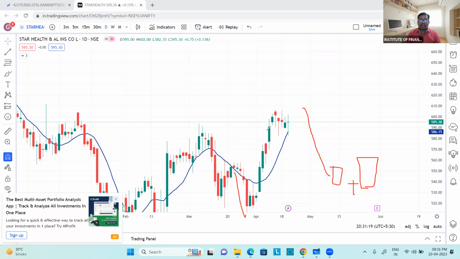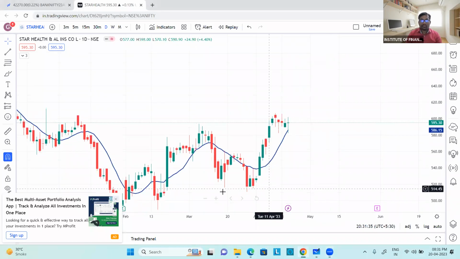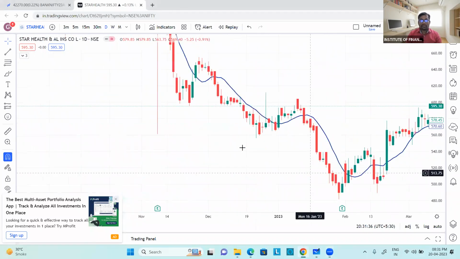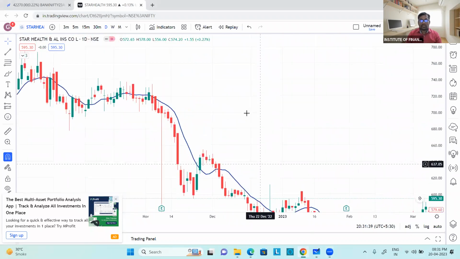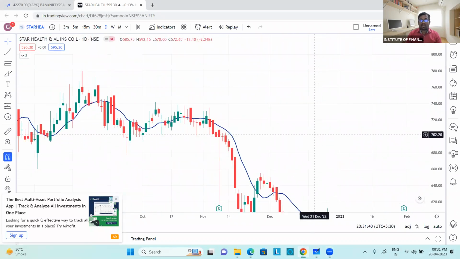Okay, not in sideways. Please never consider this in a sideways market. That's why I told we need a falling market before getting this pattern. Understand clearly. Sideways में मत लेना.